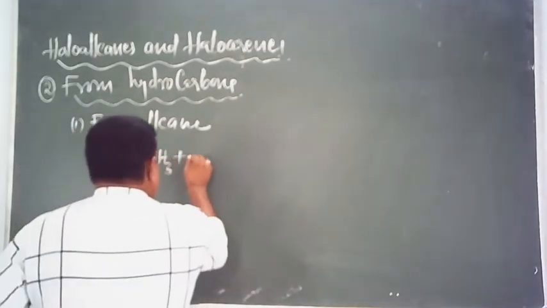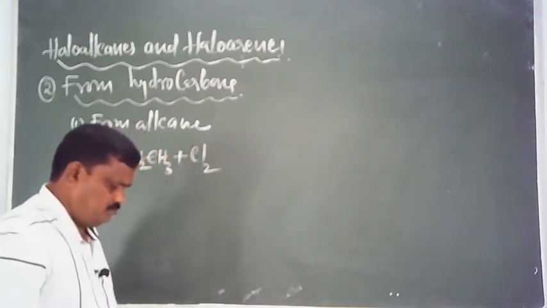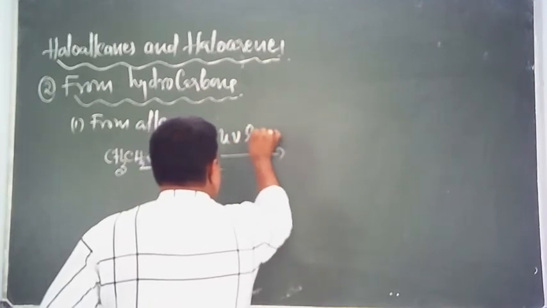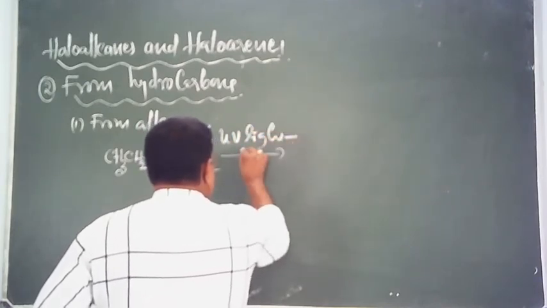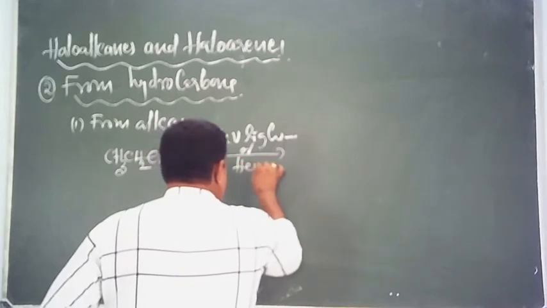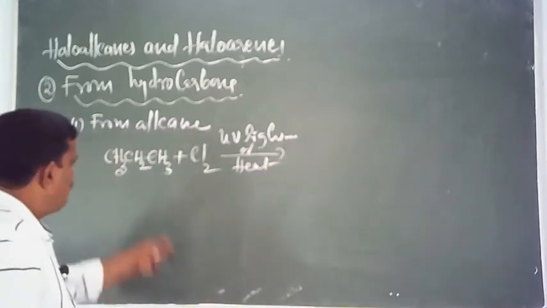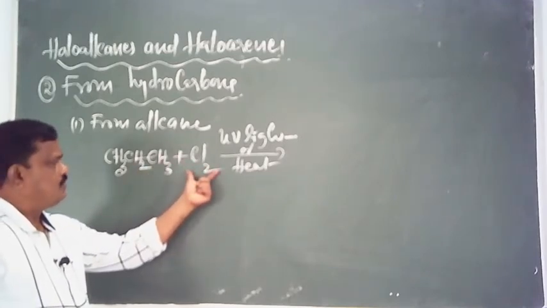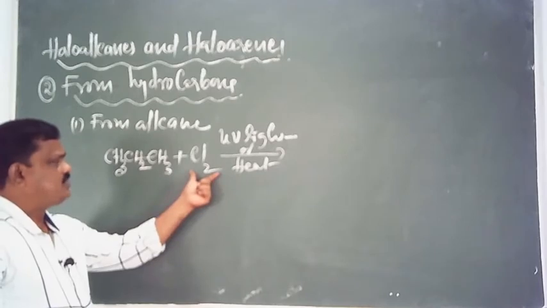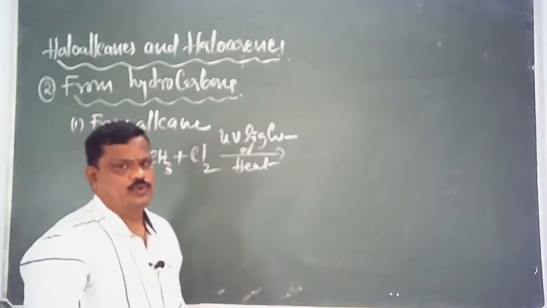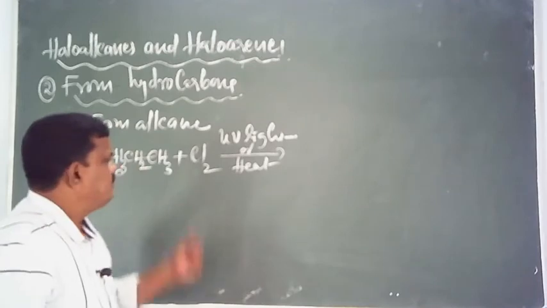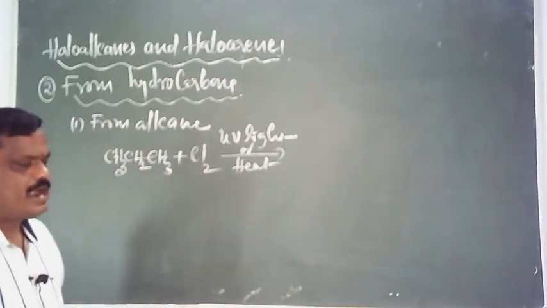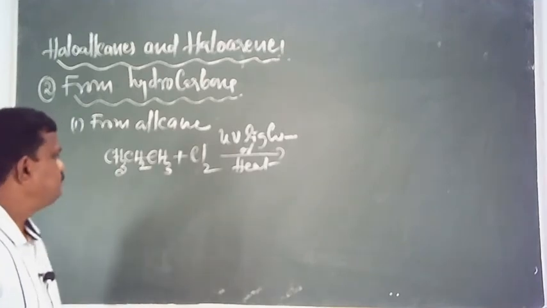When propane is subjected to chlorination in the presence of UV light or by heating, what is done here? I have taken an alkane, it is subjected to chlorination. It is made to react with chlorine in the presence of UV light or the mixture is heated. Actually, it's a free radical substitution reaction.